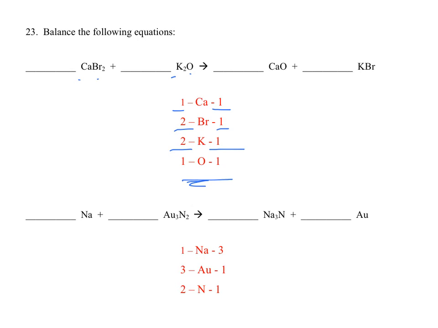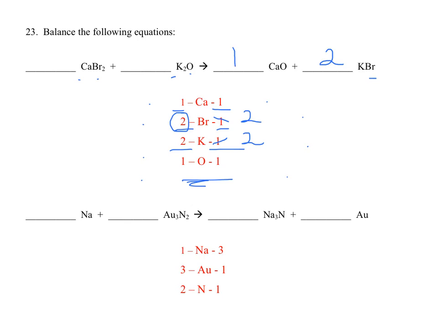So I think maybe I'll balance the bromines first. So there's two on the reactant side here, so I'm going to put a 2 over here. And that's going to give me 2 potassiums and 2 bromines. Now I have 1 and 1, 2 and 2, 2 and 2, and 1 and 1. Looks like I'm balanced.